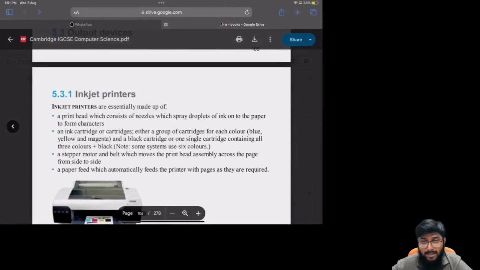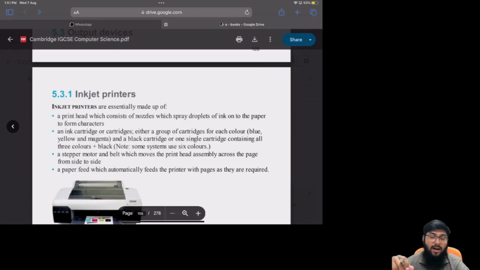Now coming towards the inkjet printer. First of all, what are the parts that an inkjet printer is actually utilizing? The first part is the print head, which consists of the nozzles that spray, or you may say drop, the droplets of ink onto the piece of paper on those places where you require printing.